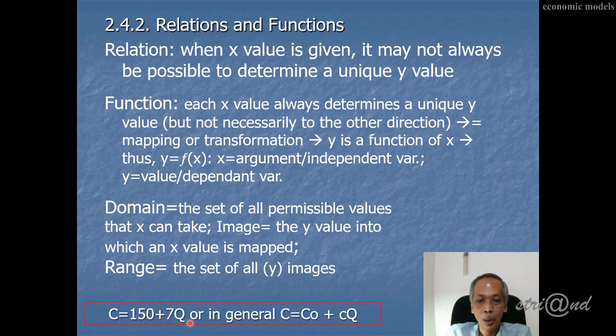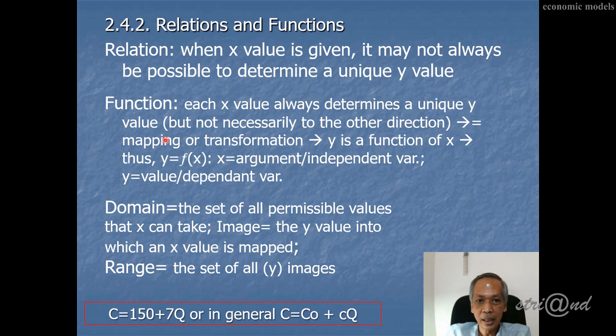However, in later chapters, we will see that if we have a more complicated equation, like if the cost function is a quadratic equation, it is not a mapping. A mapping is a relation where each x value always determines a unique y value, and at the same time each y value has a unique x value, so it works in both directions.